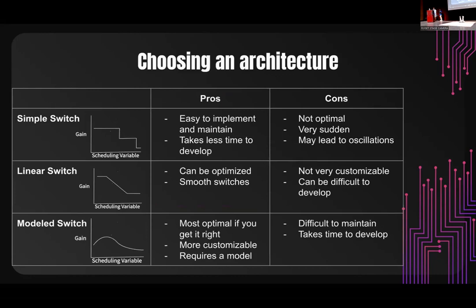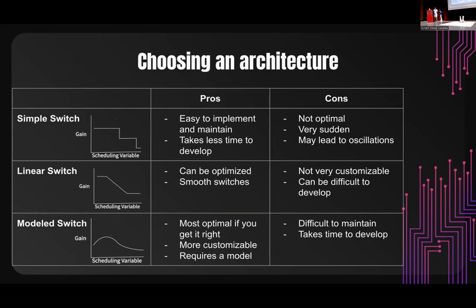So some pros are that it's very easy to implement and it takes very little time to develop because essentially what it is just a bunch of if statements. And let's say if the scheduling variable is equal to the design point, then your PID gains are this. Else if the scheduling variable is equal to another design point, then the PID gains are something else.